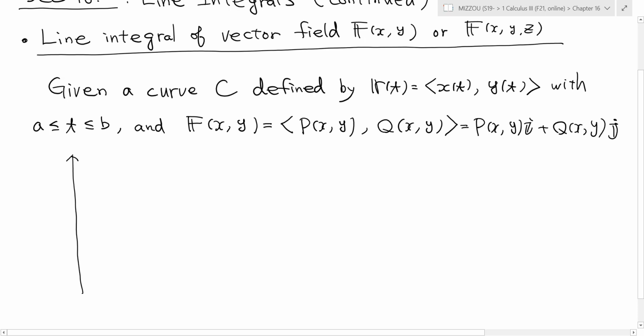Then now, as I explained in the section on vector field, a vector field associates to each point on the xy plane a vector, and we can think of a vector field in lots of different ways. But in this case, let's view the vector field as some kind of force field.